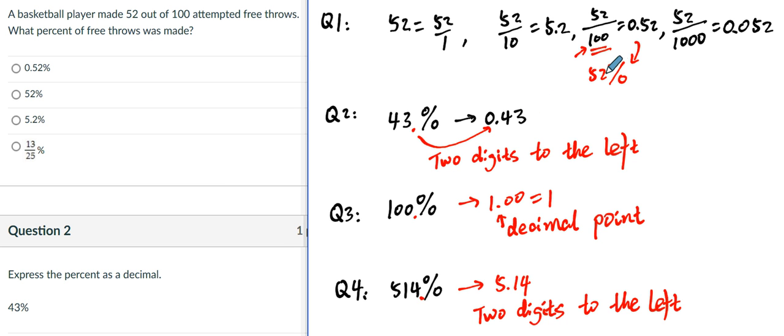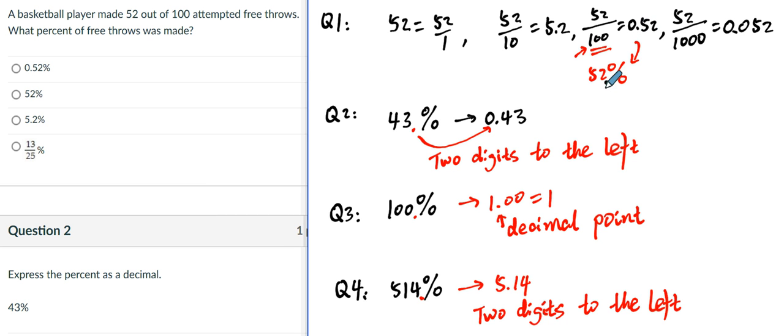You can see here you have a 52, which is an integer percent. If you want to convert this number to decimal, the point was somewhere here, 52 is 52.0 or 52.00, but here the decimal point is in front of 5.